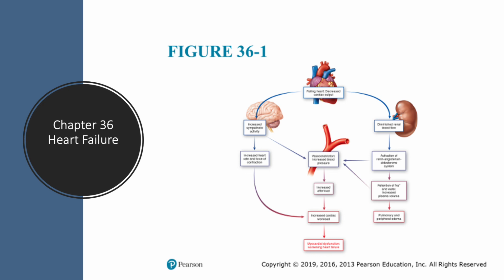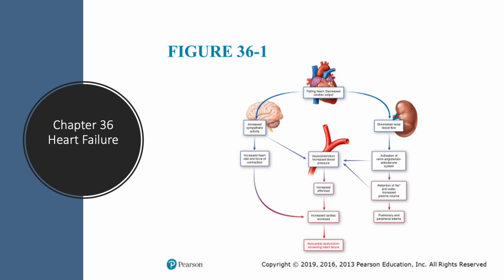So because of their weakened ventricular pumping, they're unable to maintain cardiac output into the arterial system. And the arterial system senses that. So your sympathetic system senses a slightly reduced blood pressure.